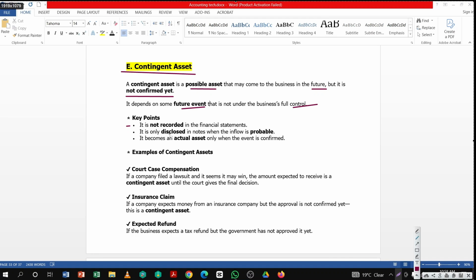It is only disclosed in notes when the inflow is probable. It becomes an actual asset only when the event is confirmed. Example: court case compensation, insurance claim, expected refund are contingent assets.